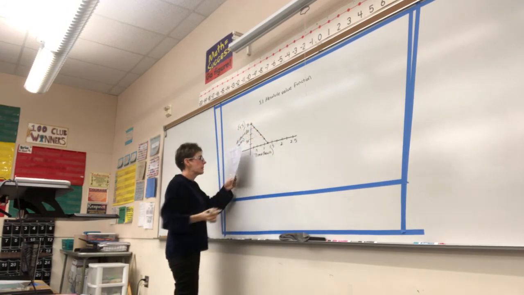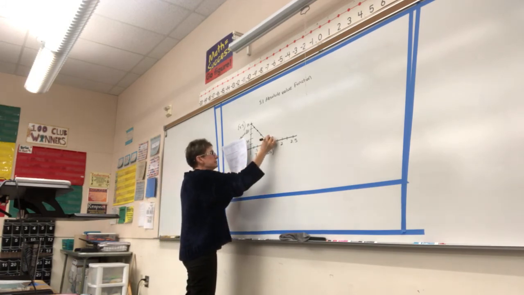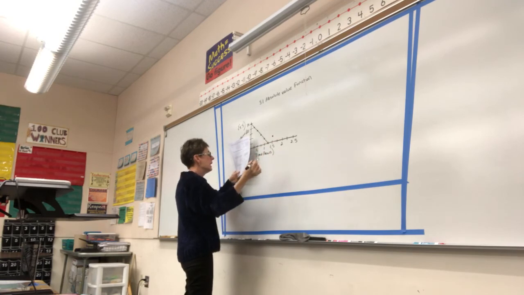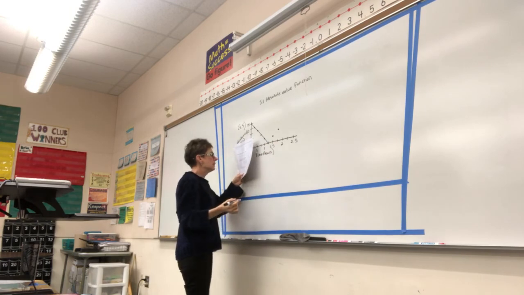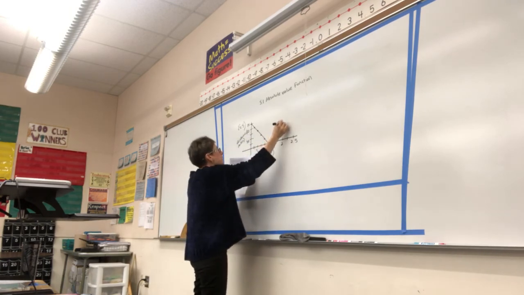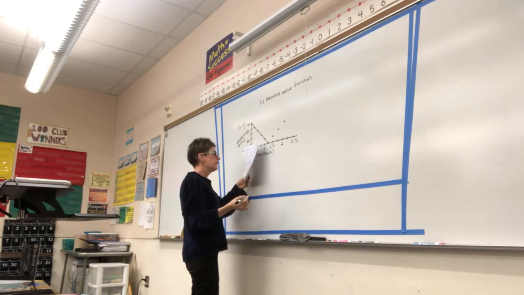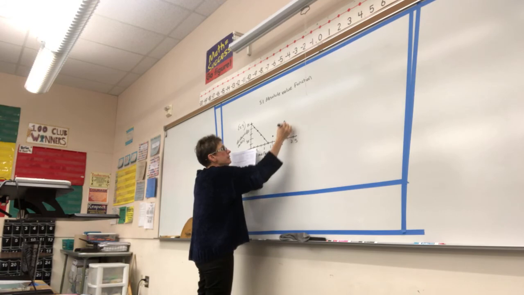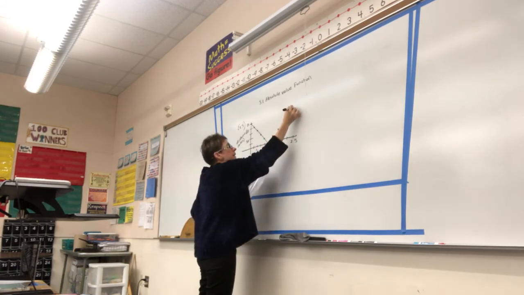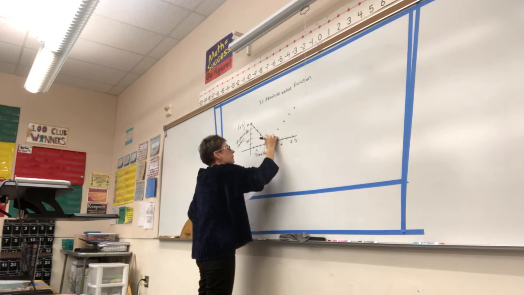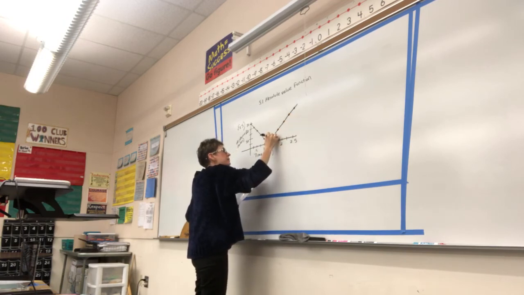Then another point at 1.5, 15, at 1.75, 30, at 2, 45, at 2.25, 60, right here, and then at 2.5, 75. I know that really is a pain to draw.